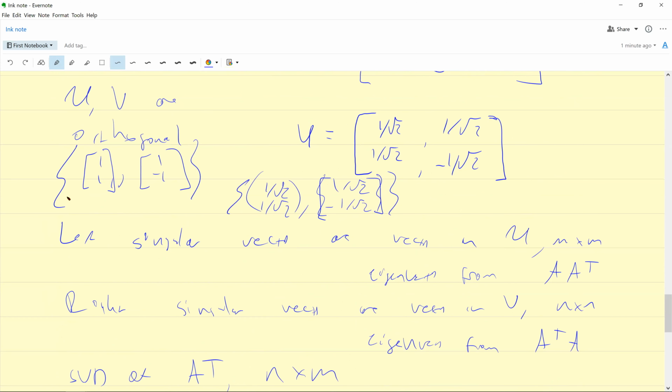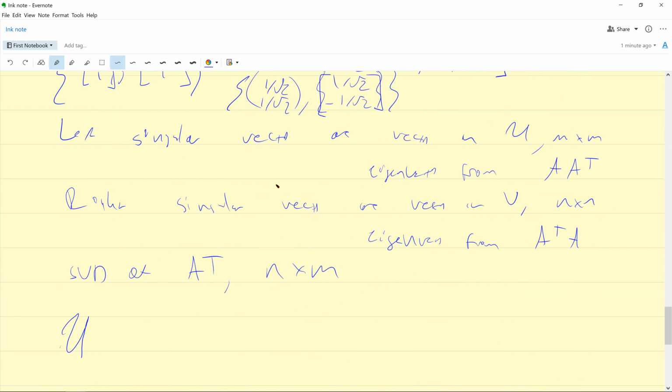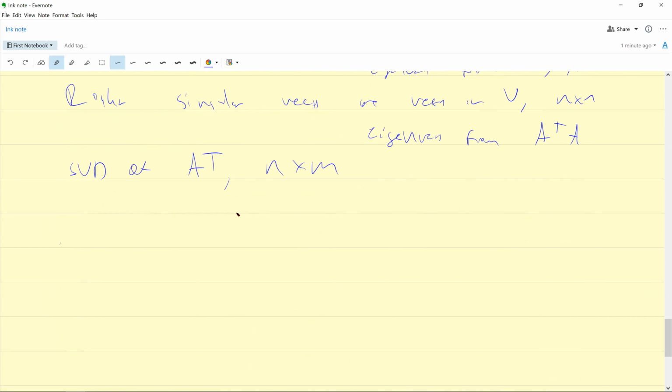So AA transpose gives the left singular vectors. My bad. So we're actually looking for the vectors for V, because V would be 3 by 3. Yeah. Perfect. Thanks. My bad, I should have caught that earlier. I was just too excited to go into the theory of it.